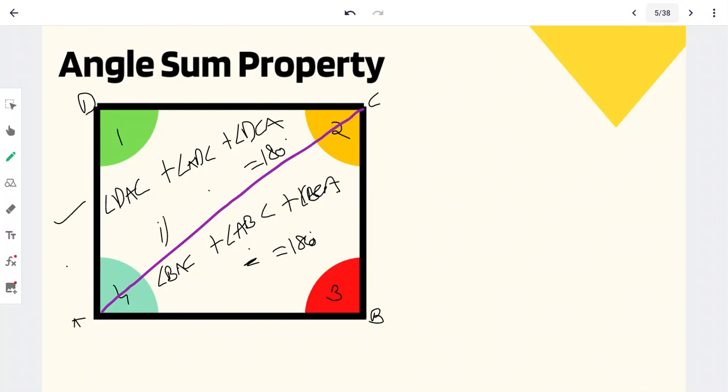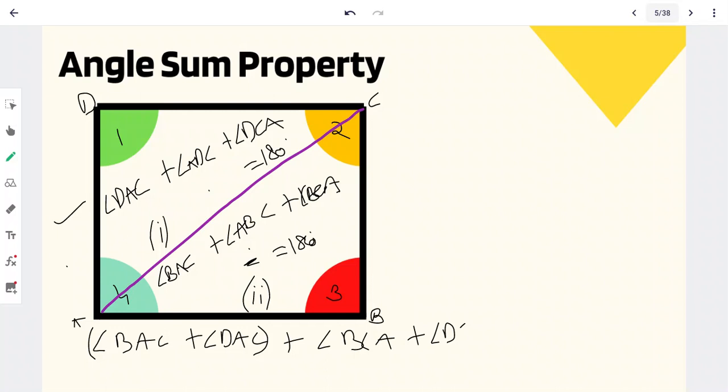Now let's add. This is equation number 1. This is equation number 2. Let us add all of them. If I add them, what will I get? I will get angle BAC plus angle DAC in bracket, you will understand why I'm writing in bracket, then angle BCA plus angle DCA, and simply plus angle ABC plus angle ADC.